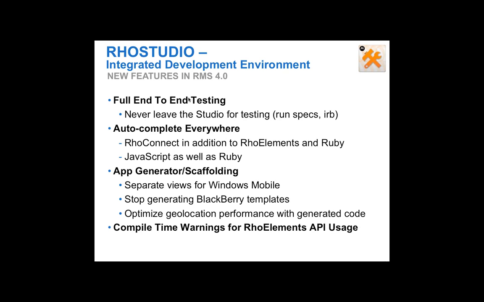This is tied to our support for older devices, where using jQuery Mobile can slow things down. So you can always add it later if you want, but the default will not generate the jQuery Mobile scaffolding. And then we will give you compile time warnings for Rho Elements API usage, so that you know if you're using something that requires a license.